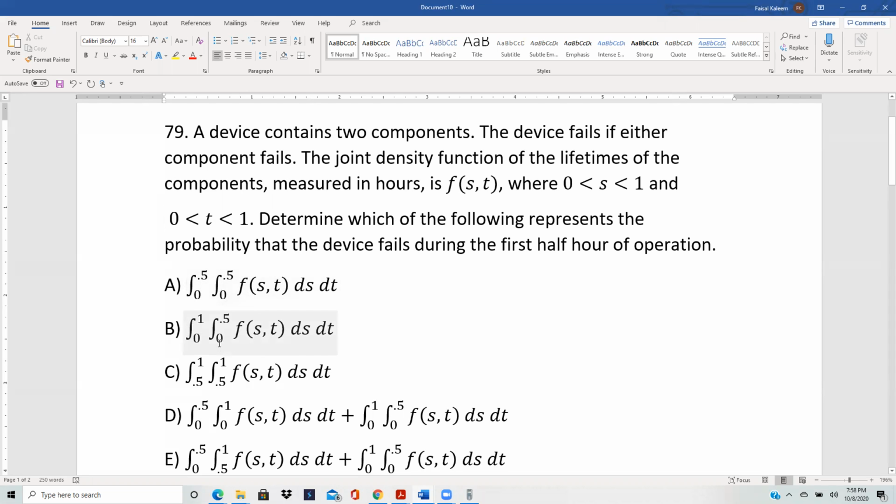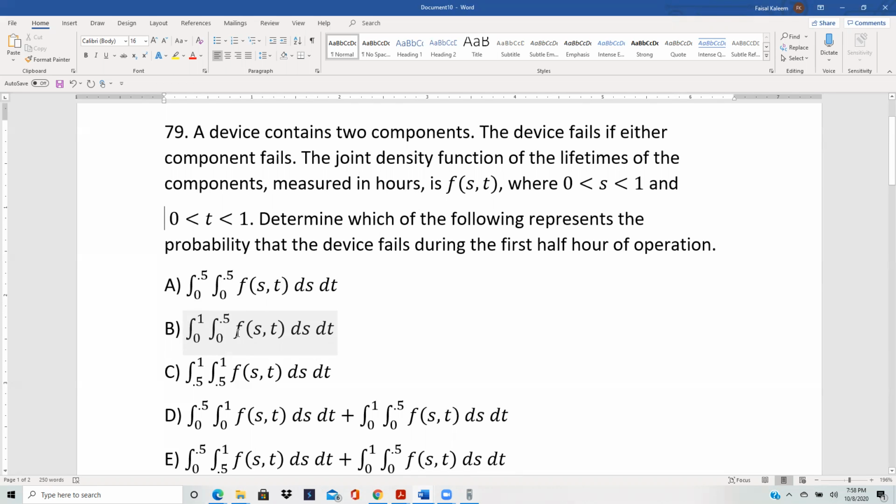Choice B says that, if we call s the first component and t the second component, s goes from 0 to 0.5, which means s fails during the first half hour, whereas t could fail anytime between its lifetime.